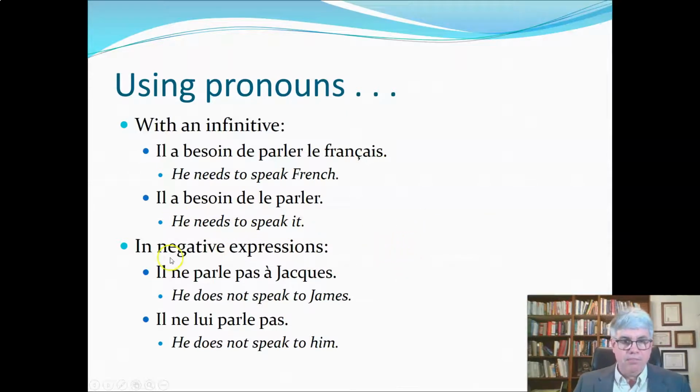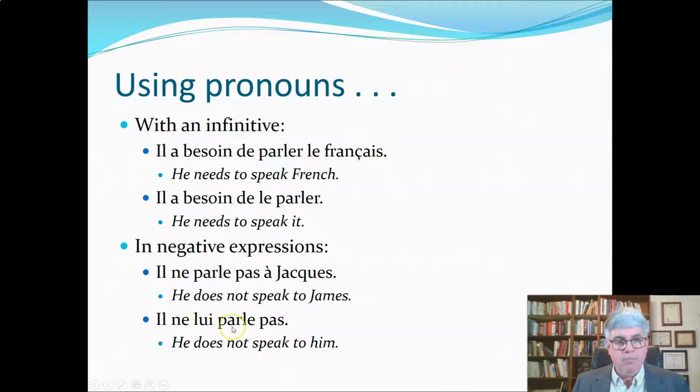In negative expressions, the pronoun is going to go right before the conjugated verb. Il ne parle pas à Jacques. He does not speak to James. So here we've got the negative expression ne pas around the conjugated verb. We're going to take à Jacques, replace that with the indirect object pronoun lui, and it's going to go right inside the ne pas.